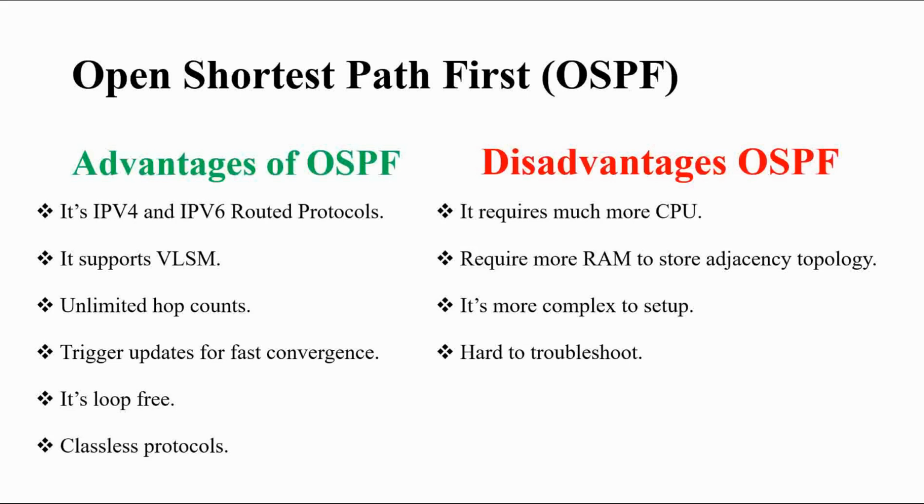But in the case of OSPF we have to follow the OSPF rules to create the design. Because of this it needs more skills, more CPU and more RAM. It will be complex and take more resources than other distance vector routing protocols. So this is about OSPF.